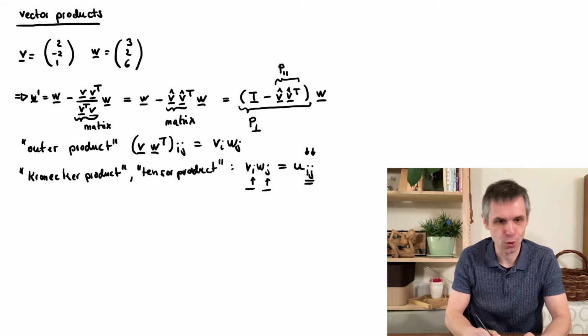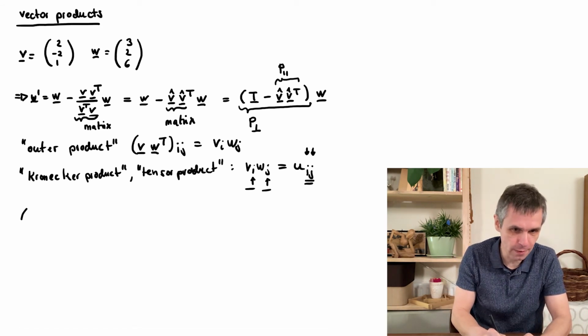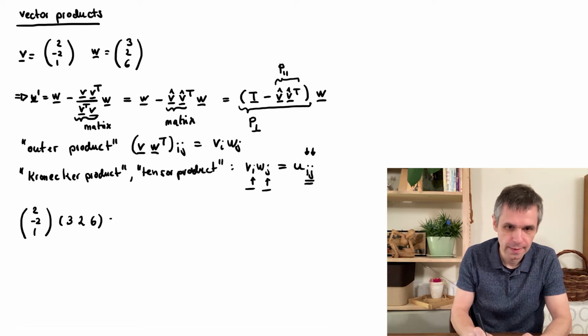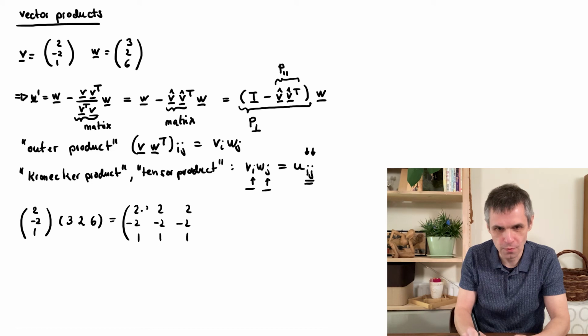Let us write this down concretely for our two vectors. So we have the vector v and the transpose of the vector w. And when we multiply this out, we multiply 2, minus 2, and 1 to the components of w.